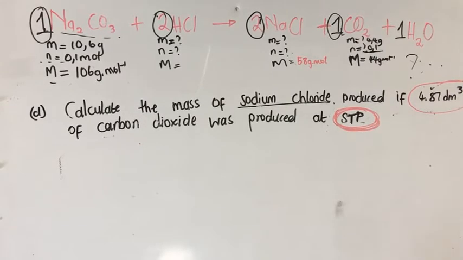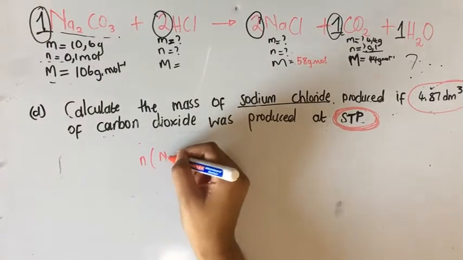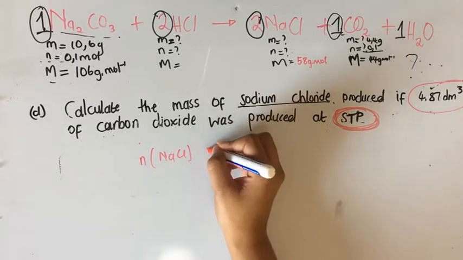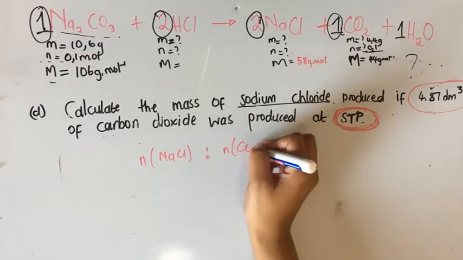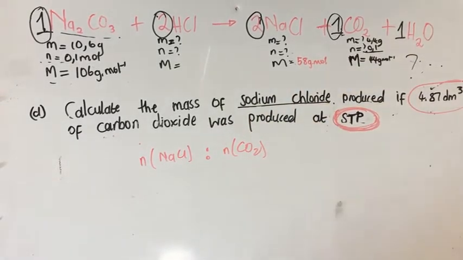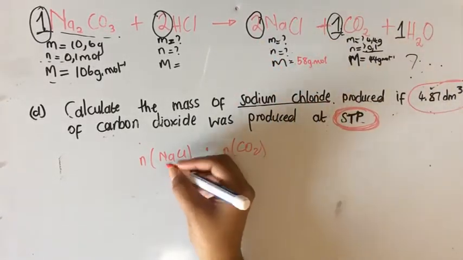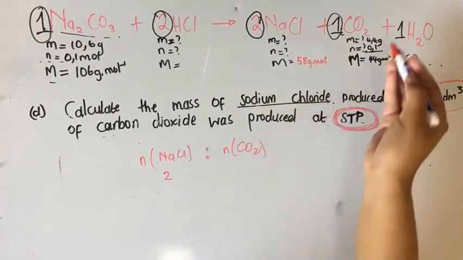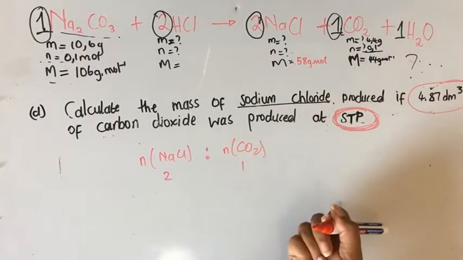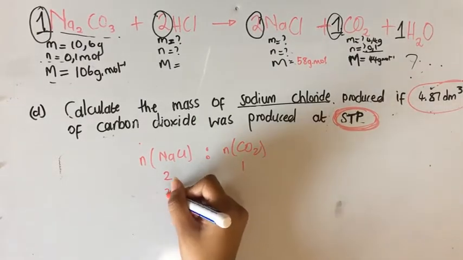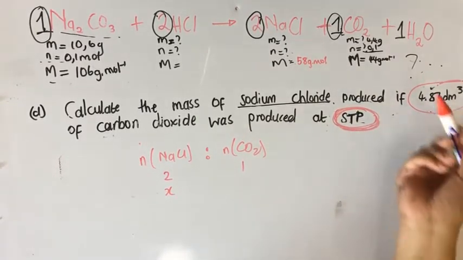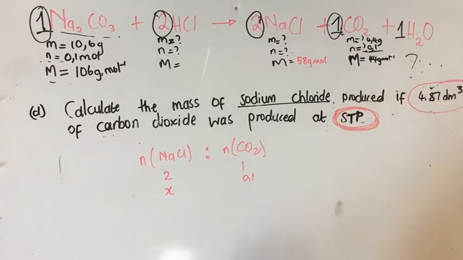So for the number of moles of carbon dioxide we can just make a ratio, right? The ratio of the number of moles of sodium chloride to the number of moles of carbon dioxide, right? Then we look at the balanced formula: my number of moles of sodium chloride is 2, and carbon dioxide 1, and then what we calculated for carbon dioxide is 0.1, right? Then we just cross multiply.